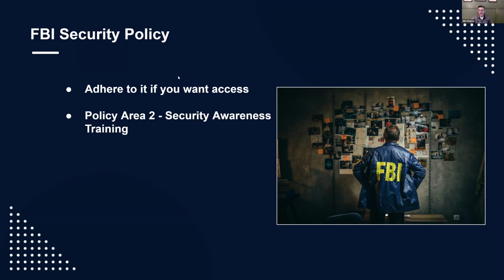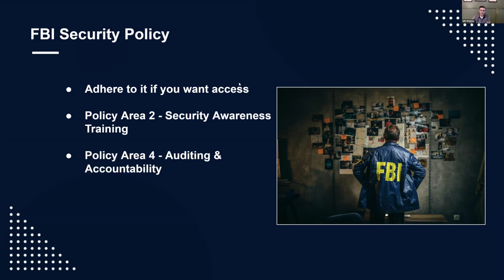And some of the policy areas, I think there were like 15 or so, Richard. I think 15 policy areas, as they call them. Well, a couple more now, but yeah, there's quite a few, and they each go over certain types of policies, procedures, and whatnot that you have to follow to adhere to the security policy. Such as Area 2, which is security awareness training.